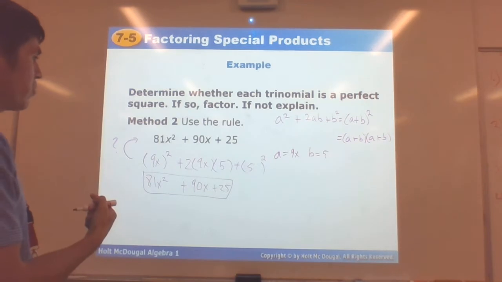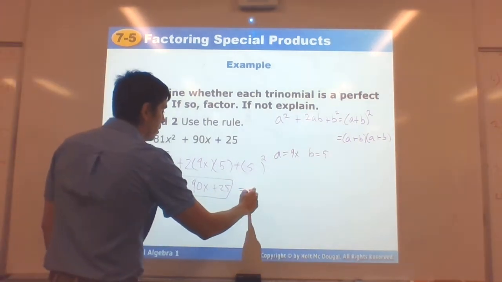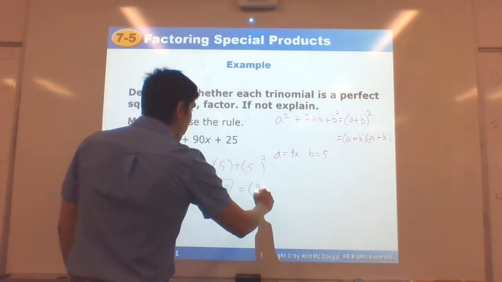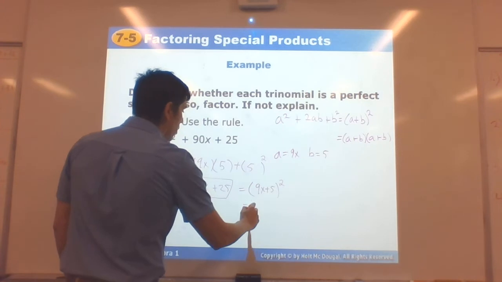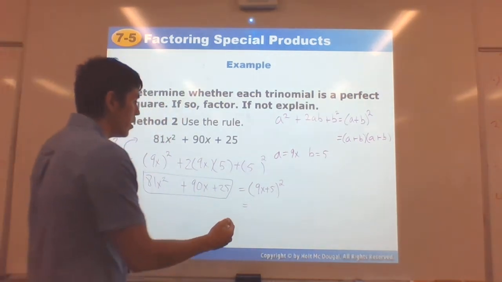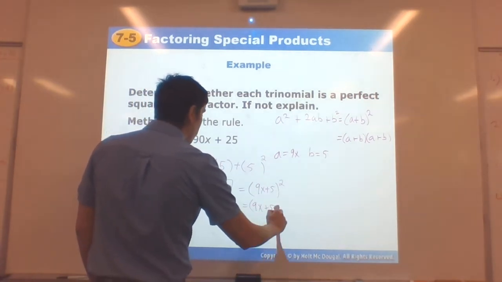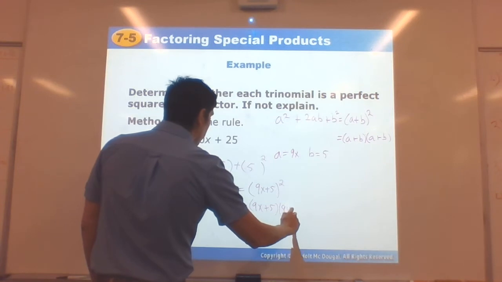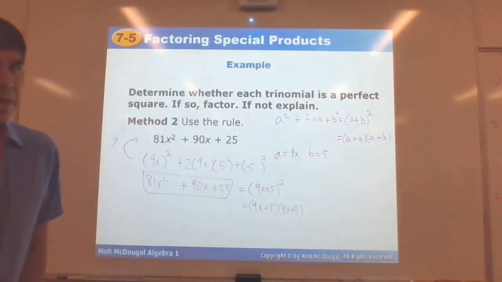And if it is, right away we can say that the answer here is (9x plus 5) squared. That's one version. Those are the factors. If you want to expand, this also equals (9x plus 5)(9x plus 5). And so those are the factors.